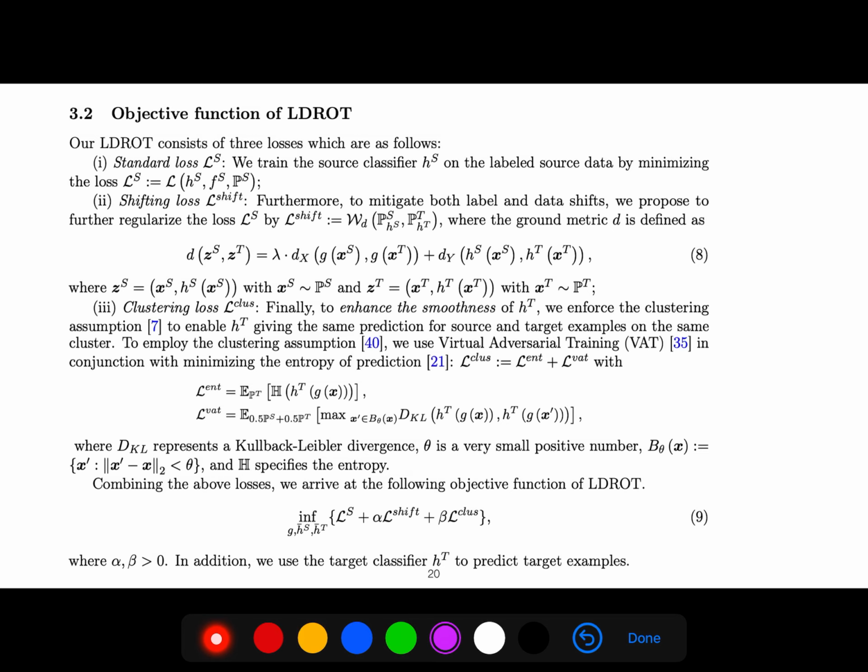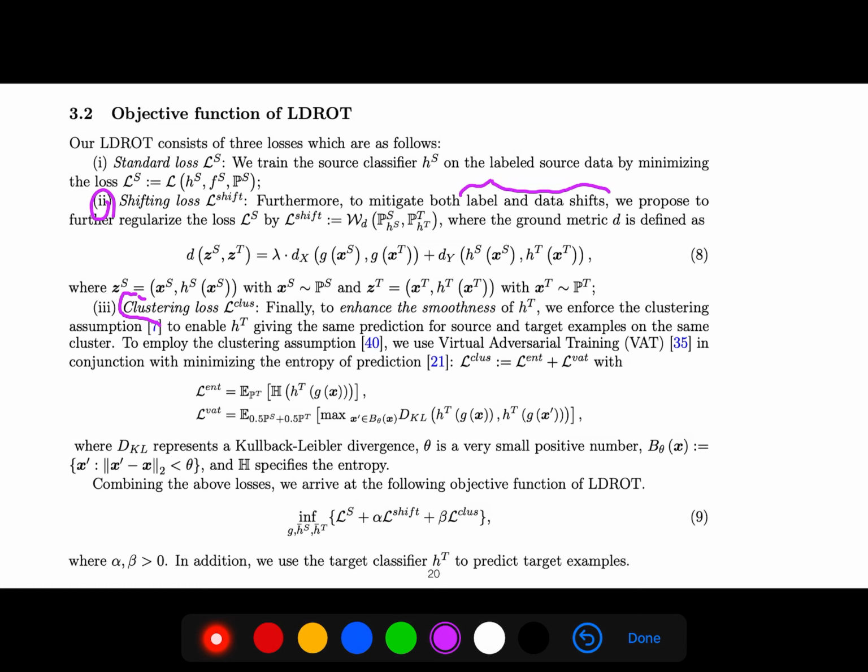So we train the source classifier on the labeled source data by minimizing the loss. And then another loss is shifting loss, that we mitigate both label and data shift. We propose to further regularize the loss. And the third one that we didn't talk about is clustering loss, to enhance the smoothness of your transformation.